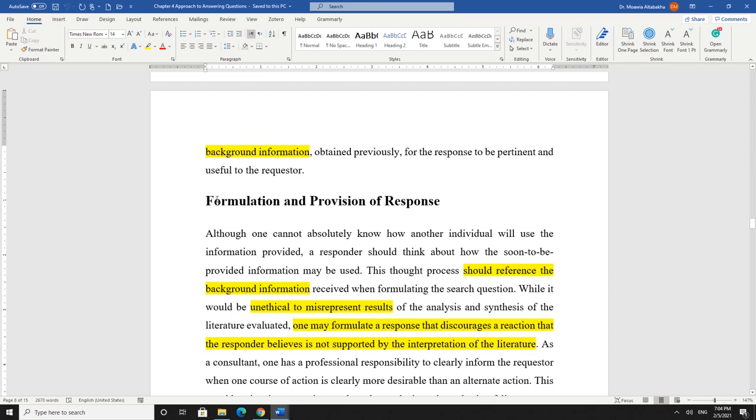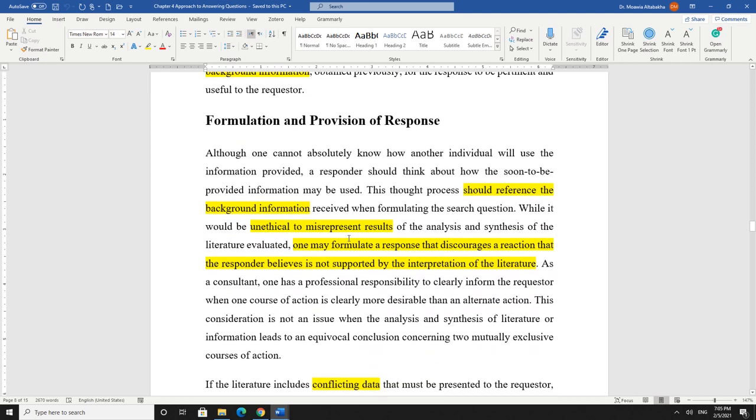Now, how do you formulate the response? Now you are putting together the pieces and you want to formulate a response. Okay, these are the information required. How am I going to respond? Remember, the best way to respond is as if you are giving a lecture or presentation. Okay, this is the best way, where you have all your evidences in a way that the receiver of information, the requester, can comprehend what you are saying and understand everything.